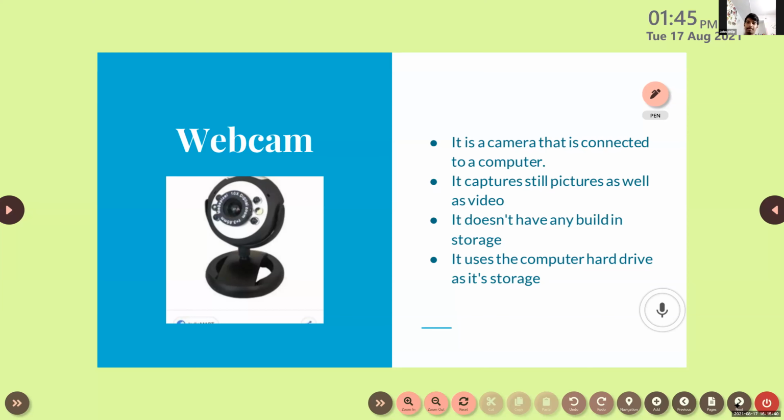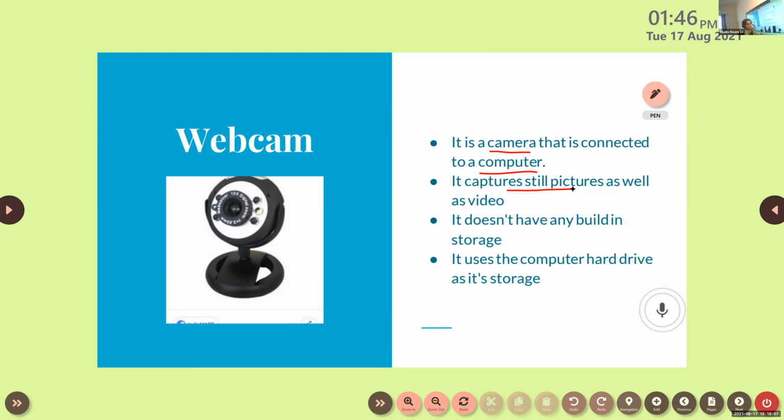It captures live videos. First of all, it is an input device, isn't it? It is a camera that has been connected to a computer. It captures still pictures as well as video.